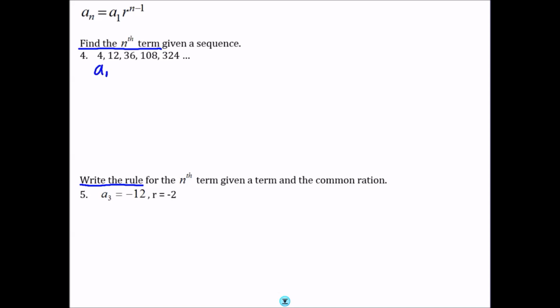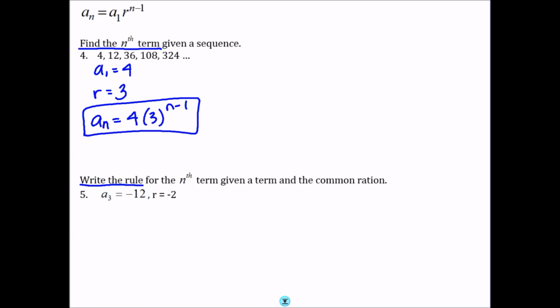The first term is easy to see, that's 4, and the ratio is what we're multiplying by. So 4 times 3 would give us 12, 12 times 3 is 36, etc. So r is going to be 3. So we just need to plug those in to the formula. So the nth term is 4 times 3 to the n minus 1.